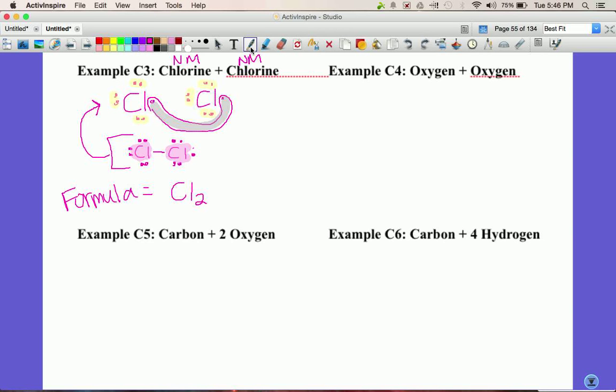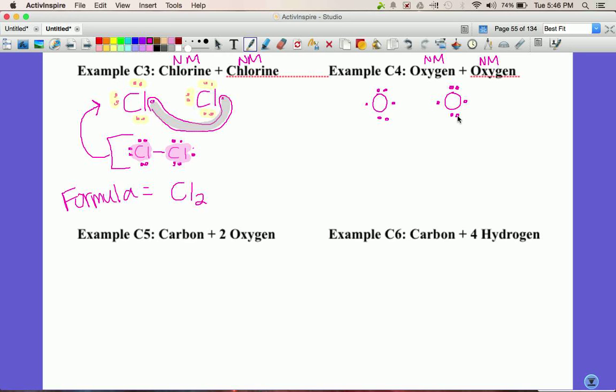Now the next example, oxygen and oxygen. Again, both are nonmetals. Whenever you combine a nonmetal and a nonmetal, you share their electrons. So you have oxygen, one. It has 6 valence. Another oxygen. Again, 6 valence.